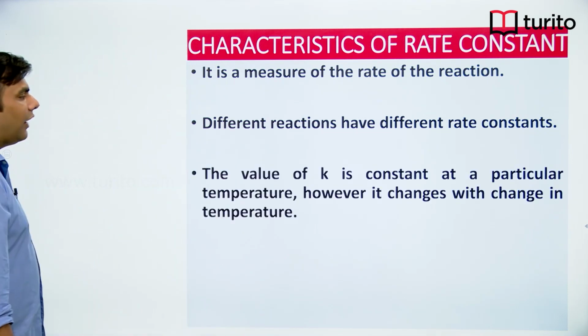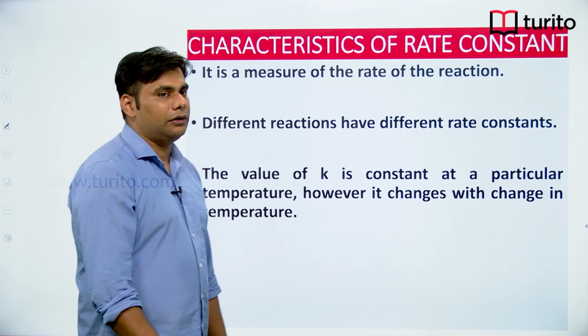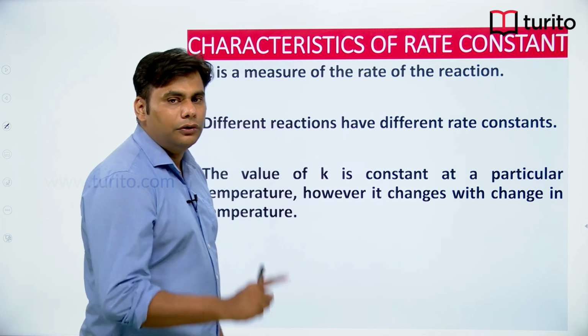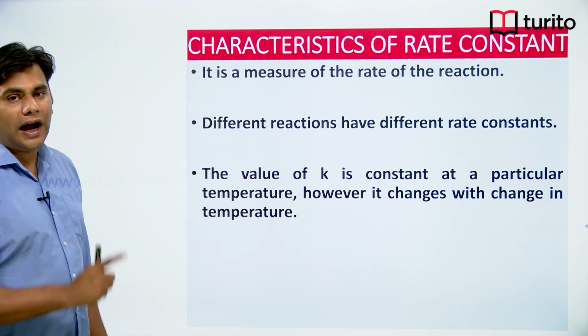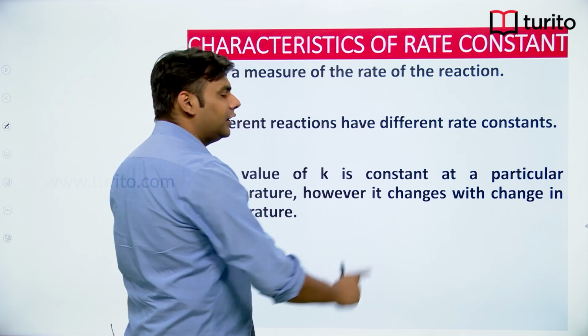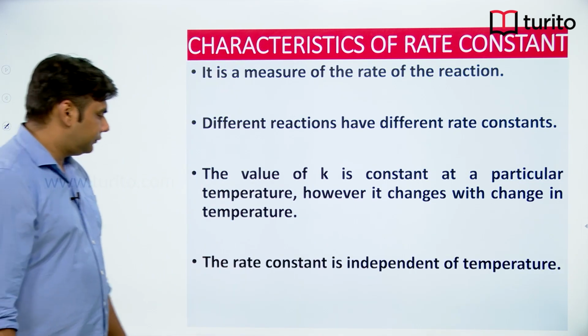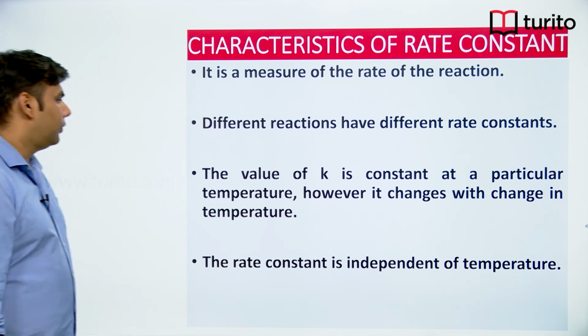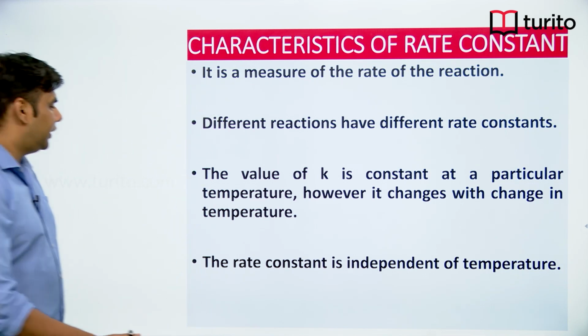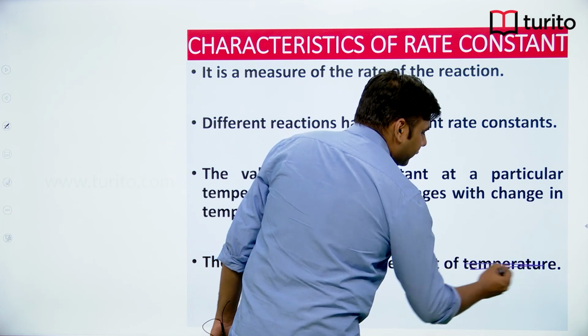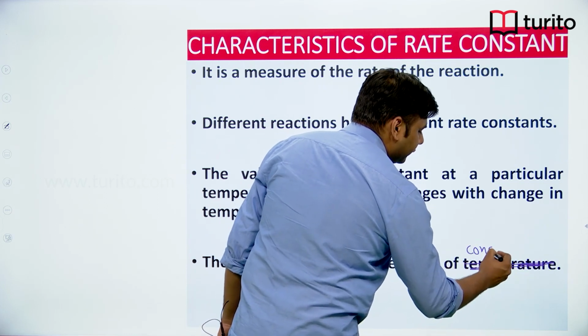Okay. So the value of K is constant at a particular temperature. I have already told you that K is a constant at a particular temperature, but it will change if you change the temperature. Okay. Sorry, the rate constant is independent of, this is not temperature, this will be concentration.